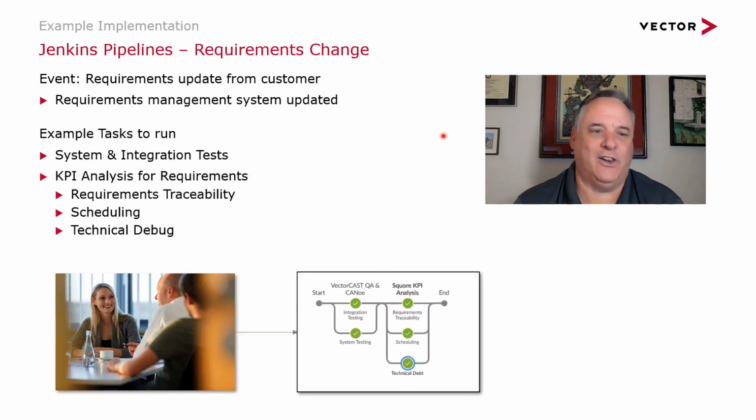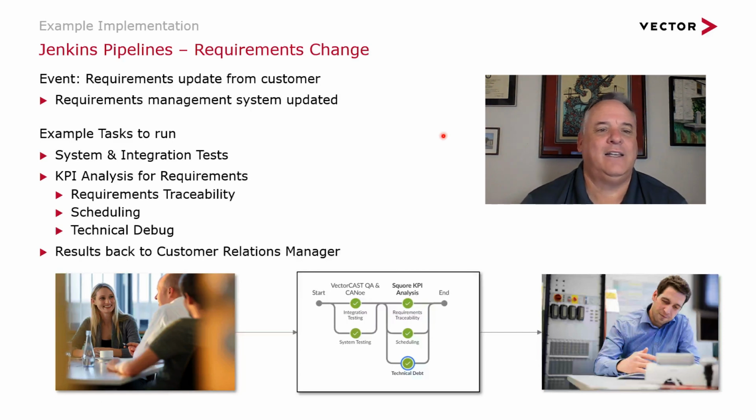Then it's going to go back through the KPI analysis, but this time for requirements traceability. The score analysis will do requirements traceability, do scheduling, and again update that technical debt. And at the end, the results are pushed back to a customer relations manager, and he can go through and say, we've added these new requirements. Here we are on coverage for those. We're looking pretty good. So he's happy.